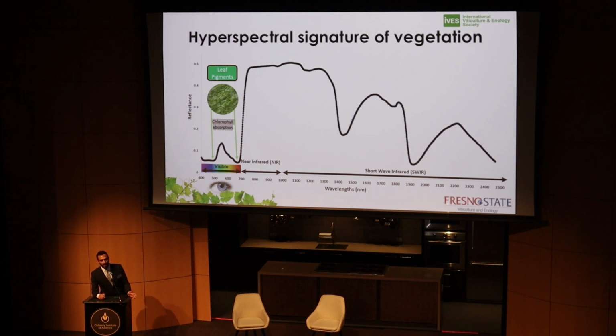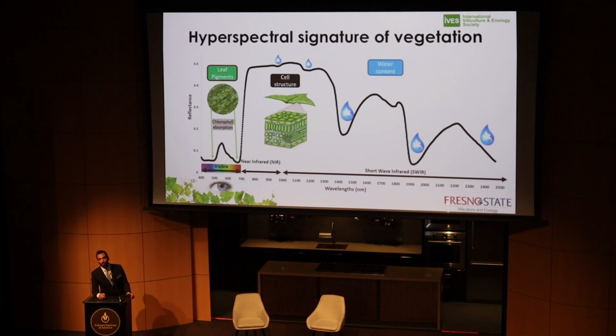But we lose a very large amount of information that we cannot interact with. For example, in the near infrared, we have information about cell structure. But also, we have information about water status. All these reflectance dips that you see, it's where the water absorbs the most light, and so the plants reflect less.